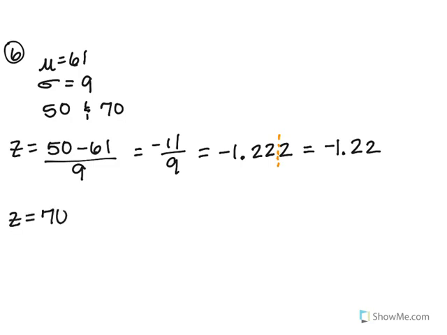Then we're going to convert 70 minus 61 divided by 9. So 70 minus 61 is 9, and 9 divided by 9 would give us 1. So these are our two z-scores.